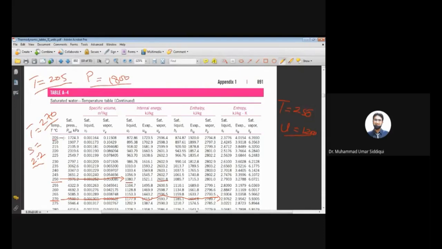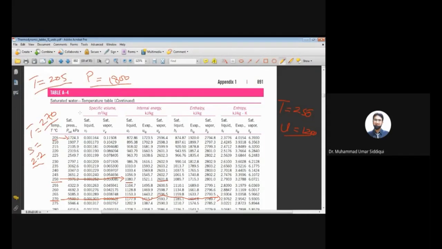Do you think we are in the correct table or wrong table? It's a wrong table. And our value of pressure is 1800, which is higher than 1724.3. So what do you think? Superheated or subcooled? Superheated.